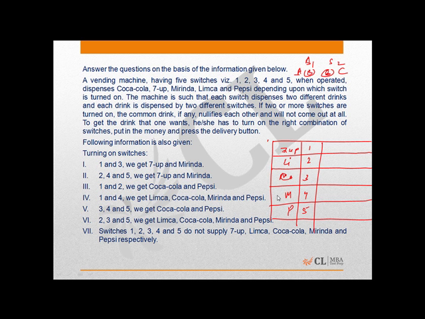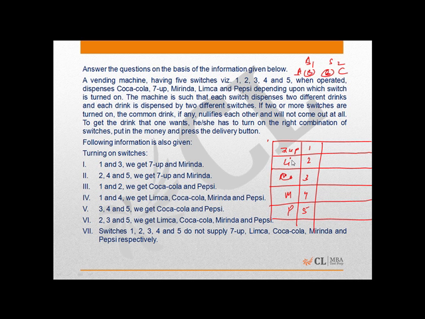Now come to statement first, in which it is given that when 1 and 3 are switched on, we get 7 Up and Mirinda, which means there is a common drink which gets nullified when these two switches are turned on.